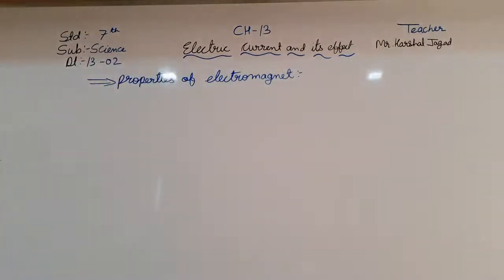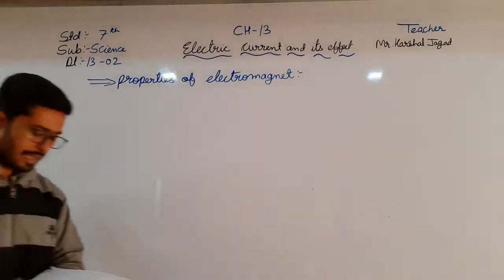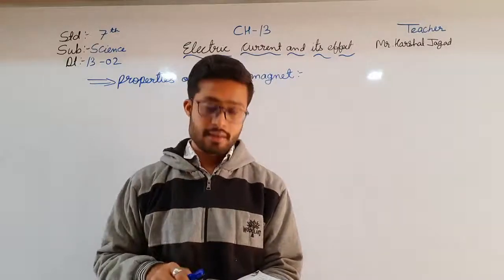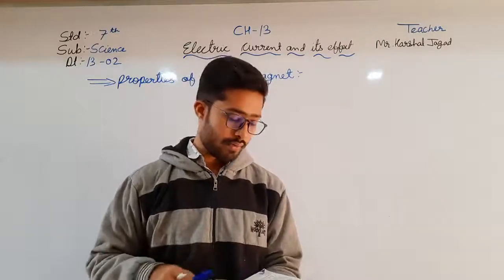Properties of electromagnet. The first one: an electromagnet acts like a magnet only when current flows through the wire wound around it.